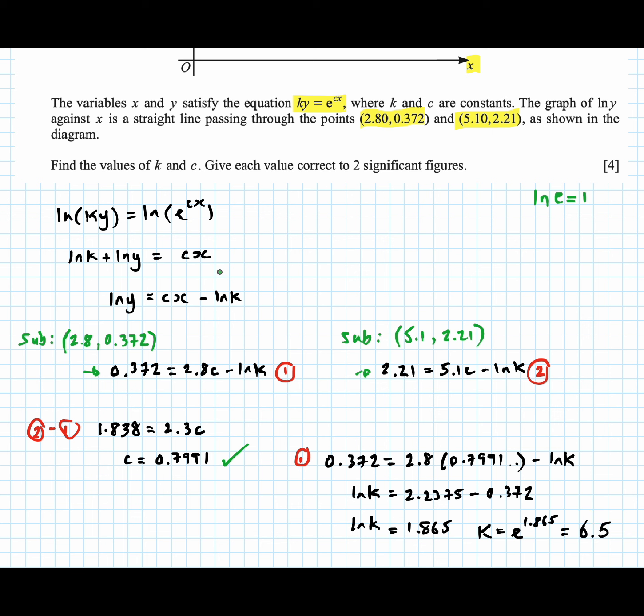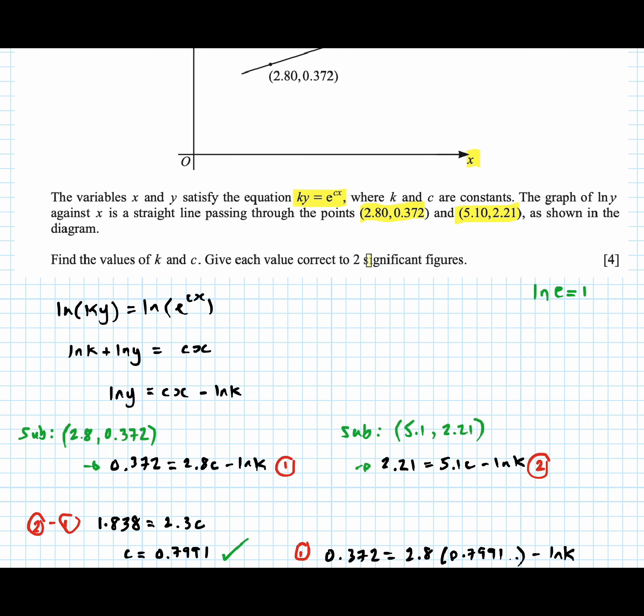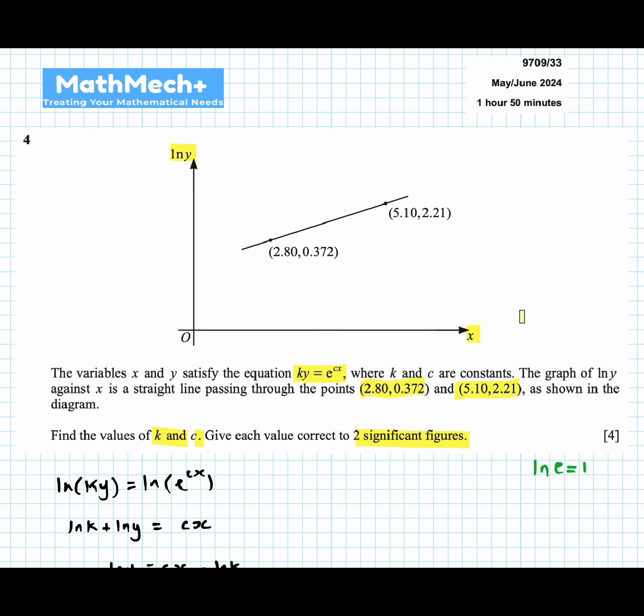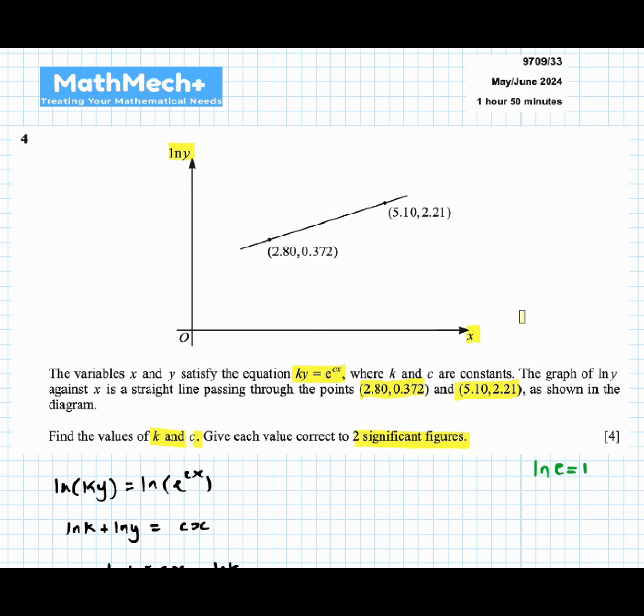So k is 6.5 and c was 0.7991. And we found those values, and we did it correct to two significant figures as well. So they were 3 questions from 2023 and 2024 on logarithms and exponential functions, just for your extra practice in grade 12, Pure 2, Cambridge Mathematics.